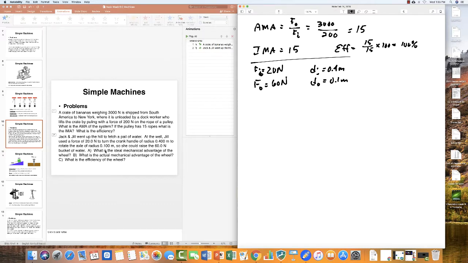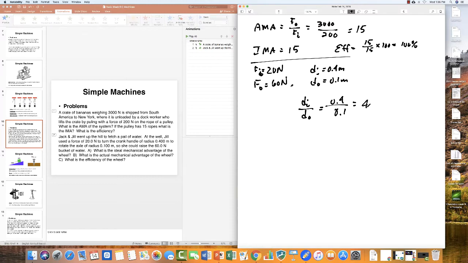So the question here, what is the ideal mechanical advantage of the wheel? Well, in a wheel and axle system, the ideal mechanical advantage is equal to the radius of the wheel divided by the radius of the axle, which is the same as the distance of the input and the distance of the output. In this case, it's 0.4 divided by 0.1.